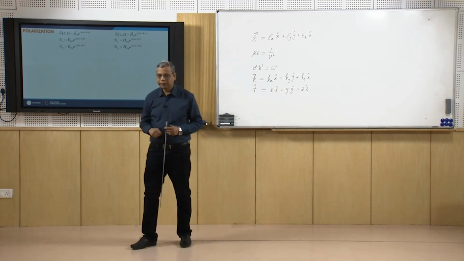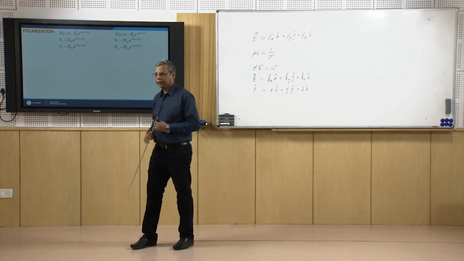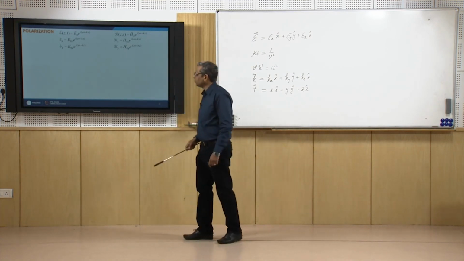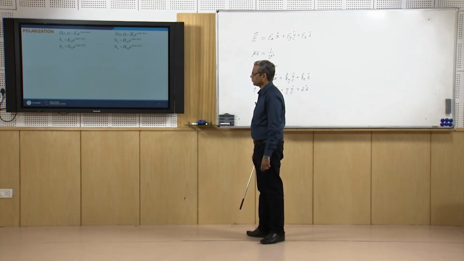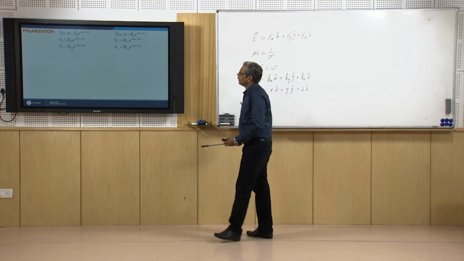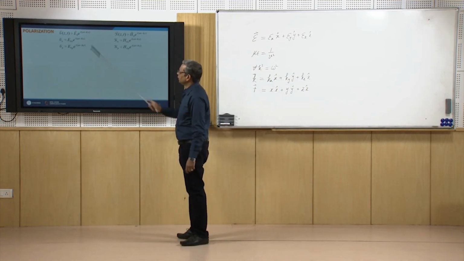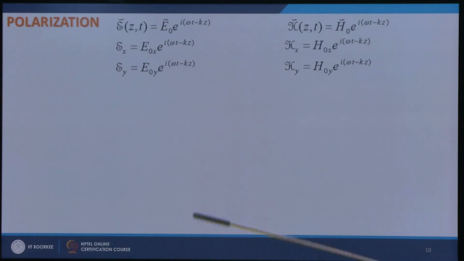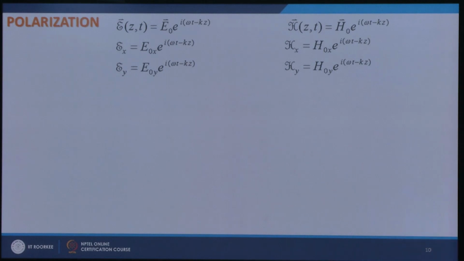This direction of vibration represents nothing but the polarization. The direction of vibration of the electric field vector represents the direction of polarization. So, if I again look at this wave which is propagating in positive z direction, then the non-vanishing components of E and H would be Ex, Ey and Hx, Hy like this.